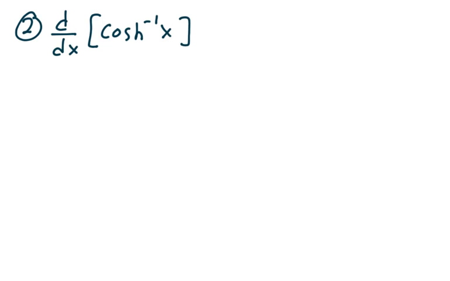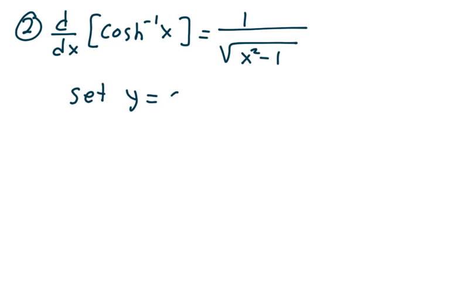Now, if we look at number 2, number 2 claims that the derivative with respect to x of the inverse hyperbolic cosine of x is 1 over the square root of x squared minus 1. Now, let's look at why this works. Set y equal to inverse hyperbolic cosine of x.